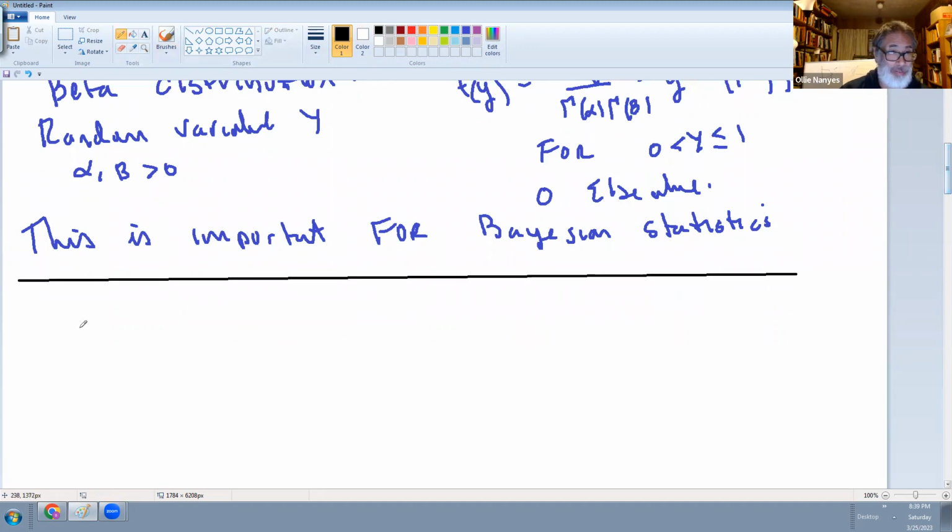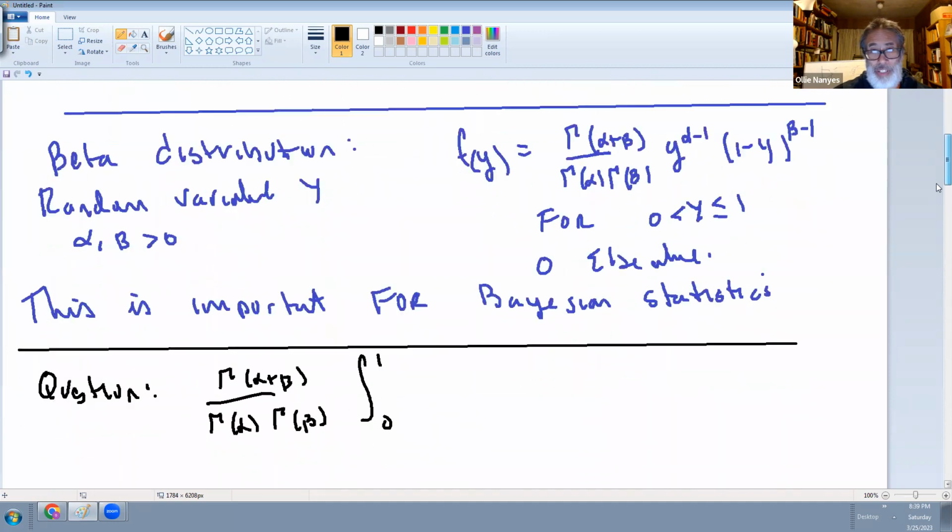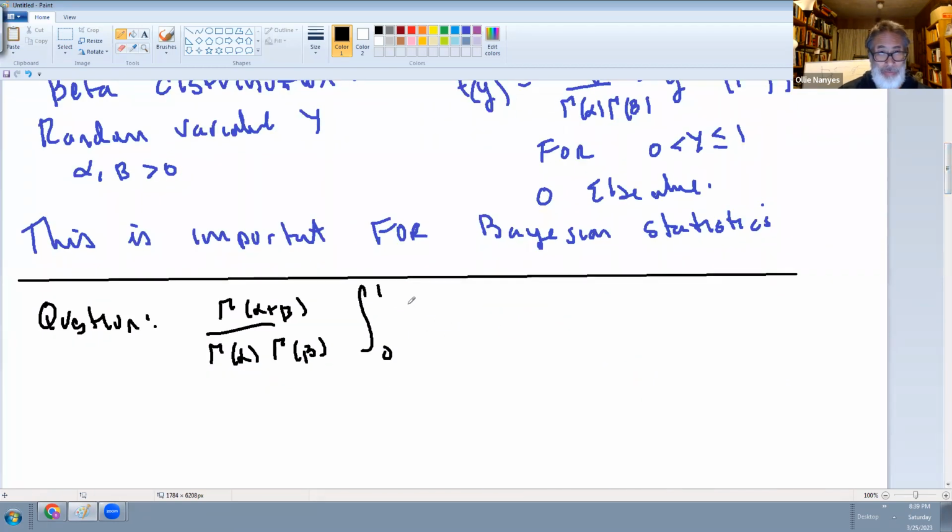So question: how do you know that this is a constant, or you can think about it as a normalizing constant, and you integrate from 0 to 1 this PDF right here, this density function, so how do you go about proving that?